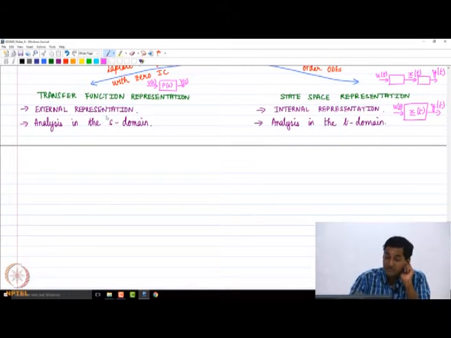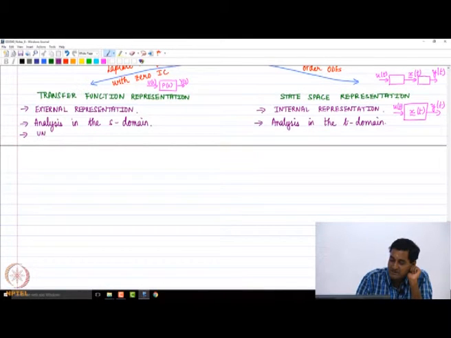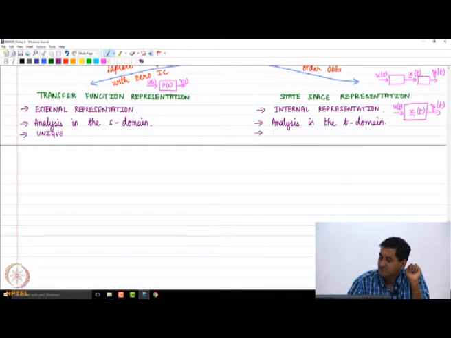Okay, and of course, one important point which plays a critical role later is that the transfer function representation for a given system, once you fix the governing equation, is unique, but the state space representation is non-unique.